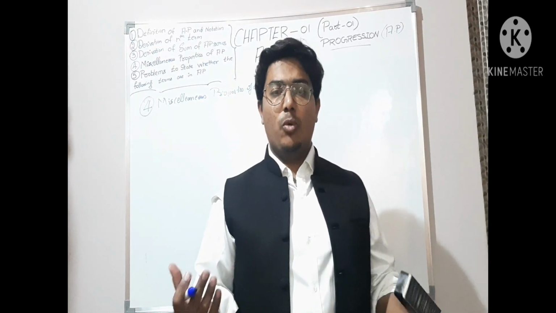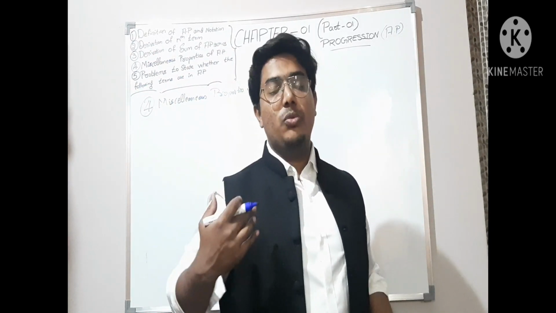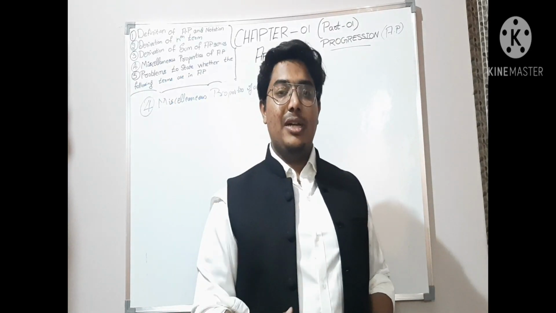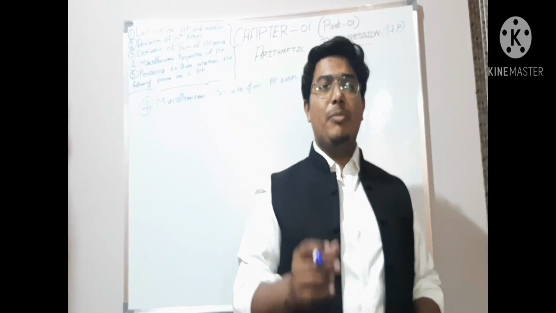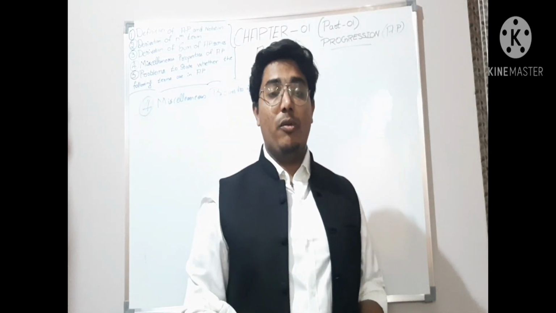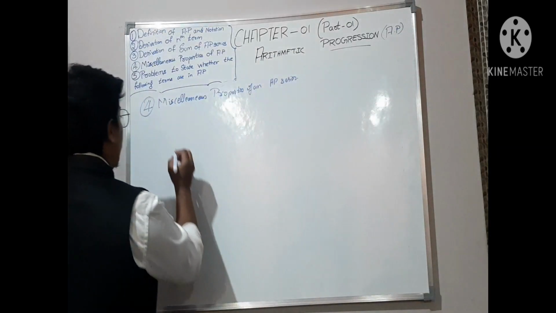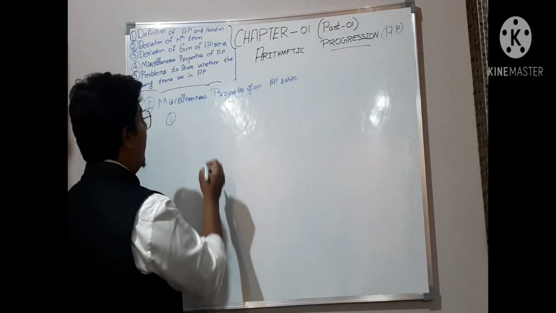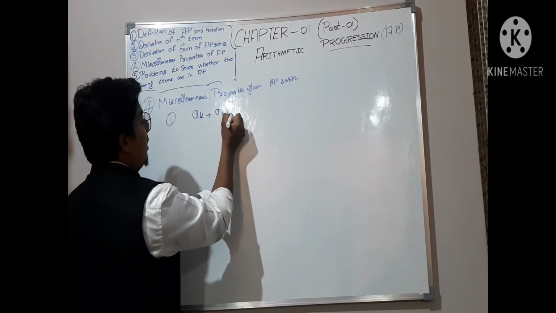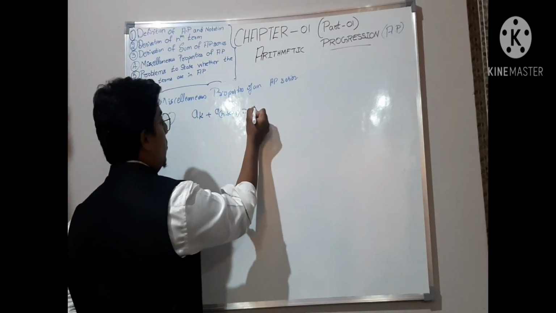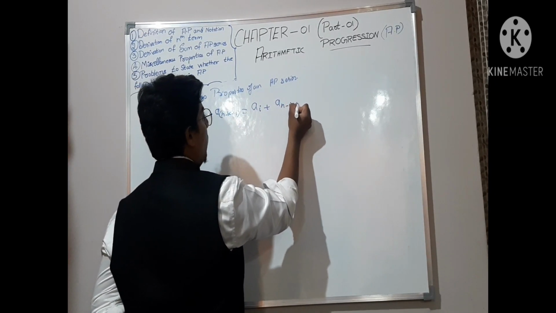If they ask in board examination any derivation of this kind, you can go with the approach which I am going with, and you can easily prove the given statement. Also, remembering this helps in solving problems in competitive exams. So first, we have a_k plus a_(n minus k plus 1) is equal to a_i plus a_(n minus i plus 1).